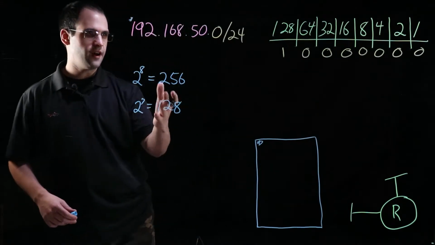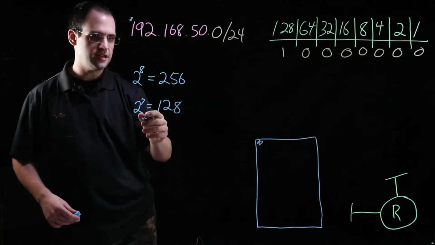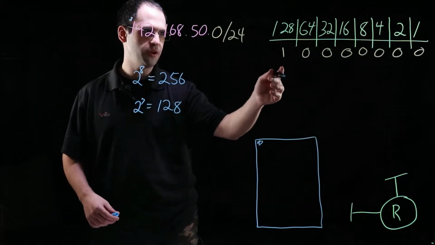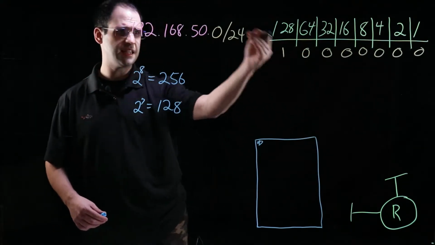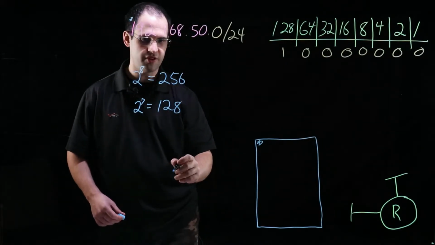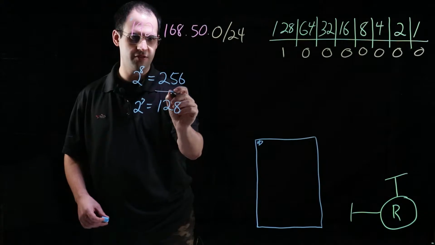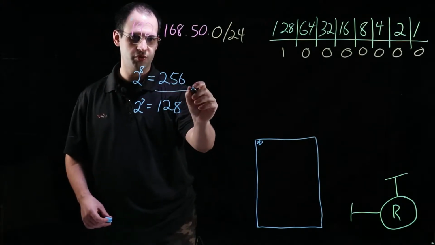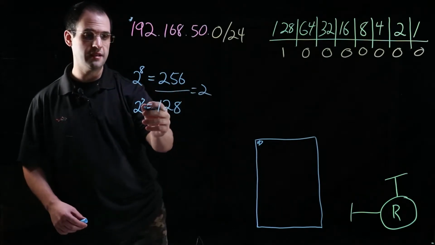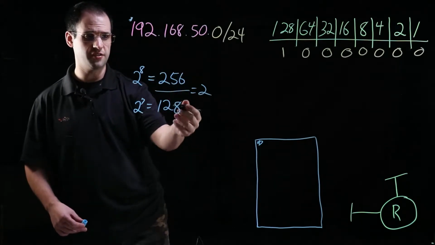But if I took this /24 and took a bit away from the host portion and gave it to the network, that is equivalent of, that 256, if I divided this 256 by this 128, I would get 2. Or better yet, if I take away a bit, I've cut my total network size in half.